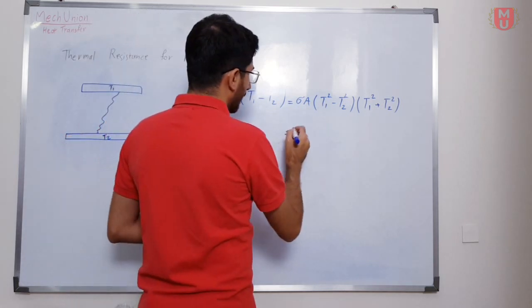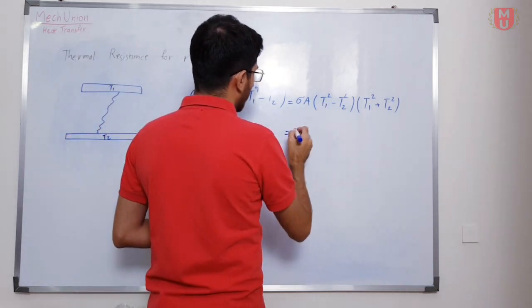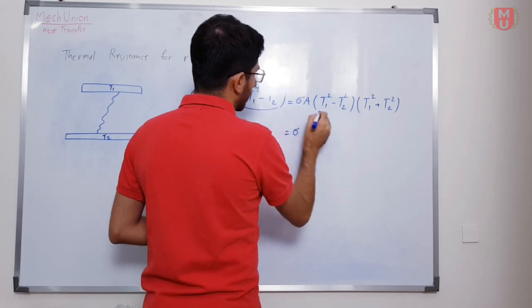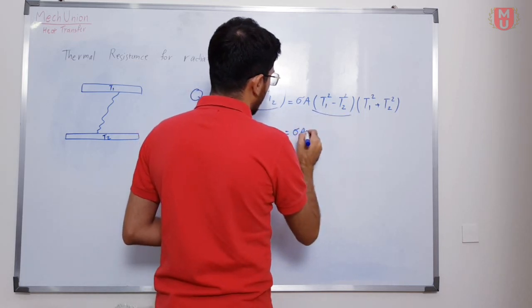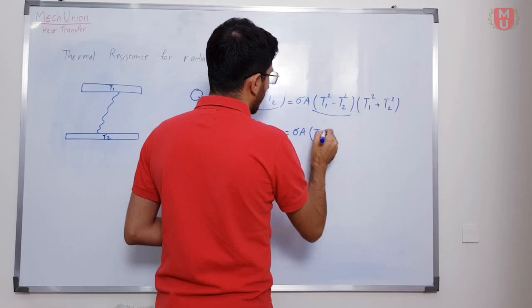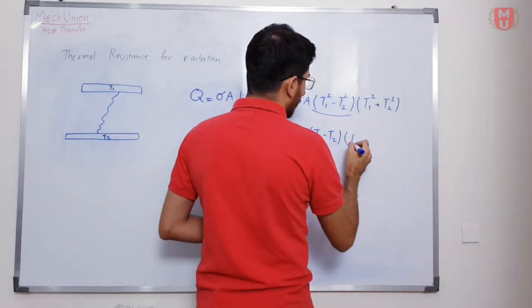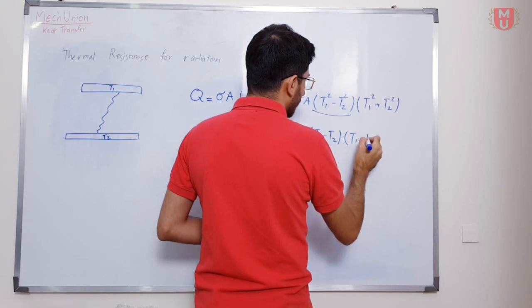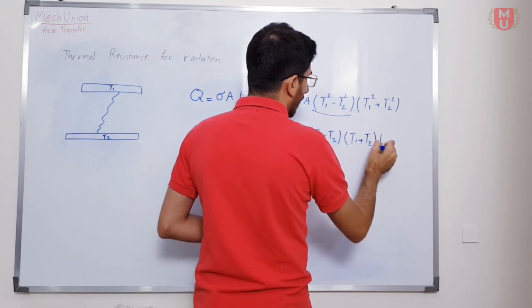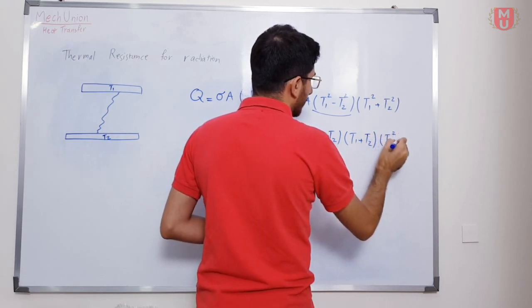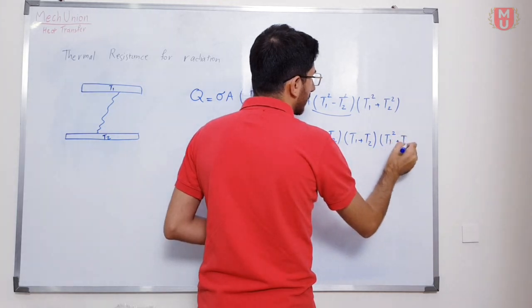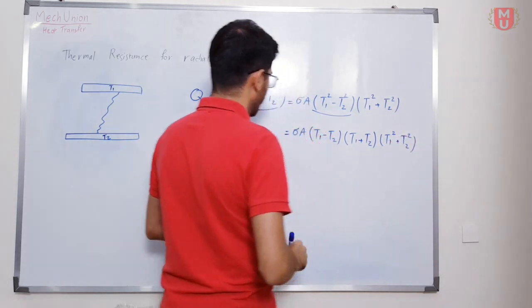Again, we open this up: sigma A, T1 minus T2, times T1 plus T2, times T1 squared plus T2 squared.